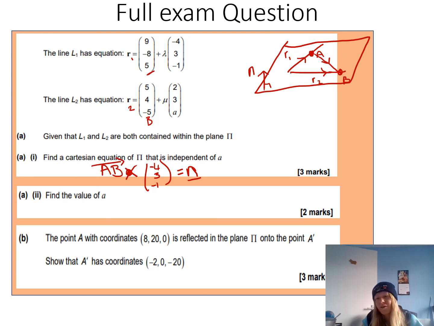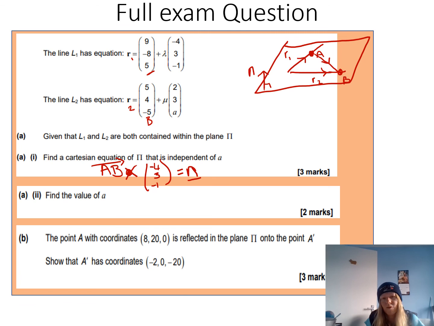Oh, and if you're still looking for hints for the next bit, find the value of A. Well, there's a few ways to do that. You can either say that this line here must lie in the plane you've just found, so you can sub that line into the plane and you'll find A that way. But you'll also have to then let mu be any number you want if you want to try it that way.